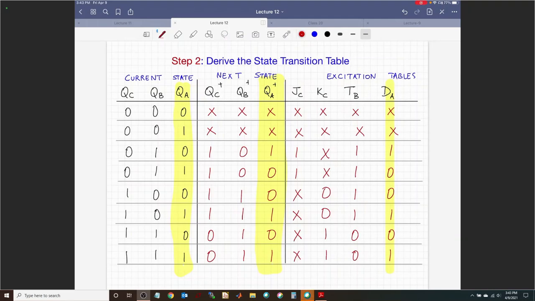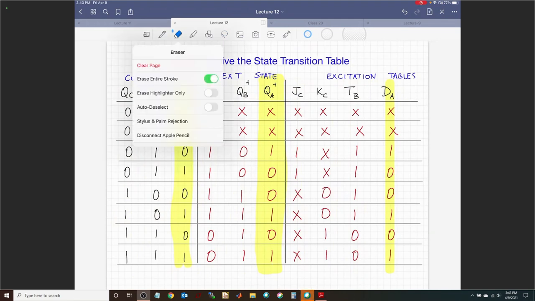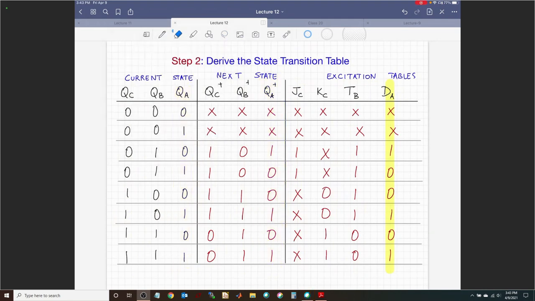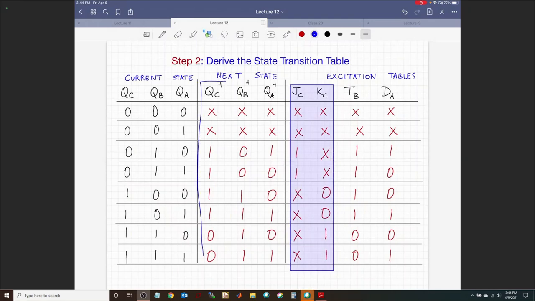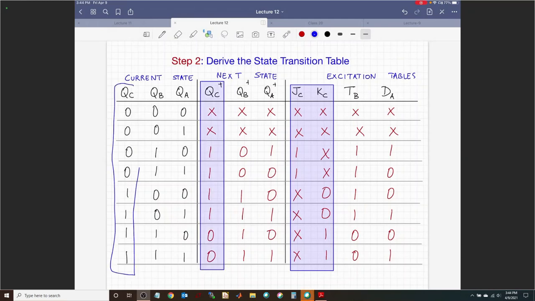All right, and then I can erase. Done, done, and done. And just so that you guys can see this, I'm going to highlight this and say this is achieved because of this and this column.